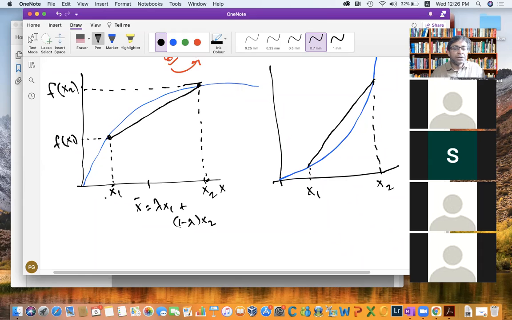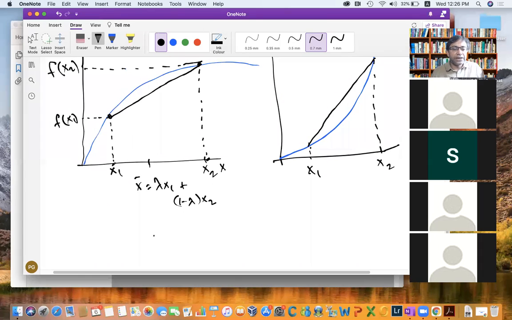So if I took the weighted average of the functional values, lambda f of x1 plus one minus lambda f of x2, then that point can be read off the straight line.